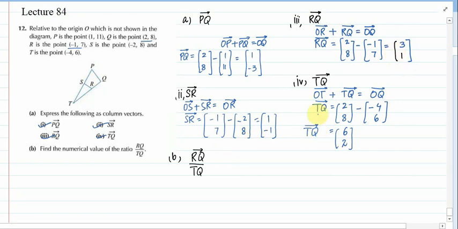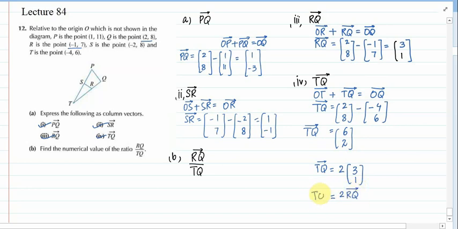Now between RQ and TQ, we can see that they are multiples of one another. If I take 2 common, I can say that TQ is equal to 2 times (3, 1), right? And (3, 1) is basically RQ. So instead of (3, 1), I can write RQ here.